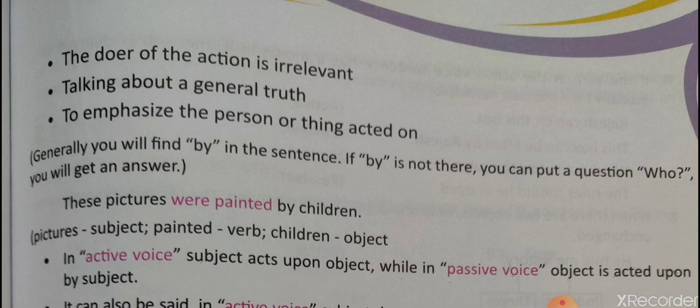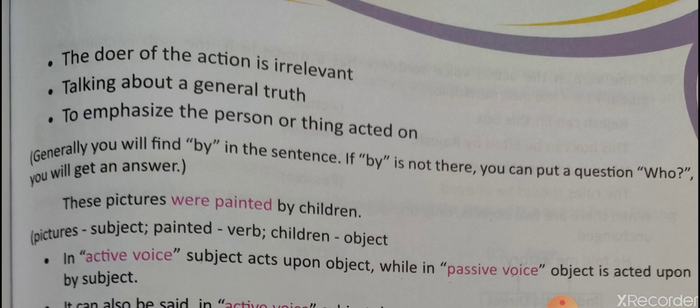So what is the antelope doing? In passive voice, we give the limelight to the thing on which the action is being done. Like, the antelope was chased by the leopard. So here antelope has become the subject and has gotten the limelight. We have emphasized the antelope by making it the subject.